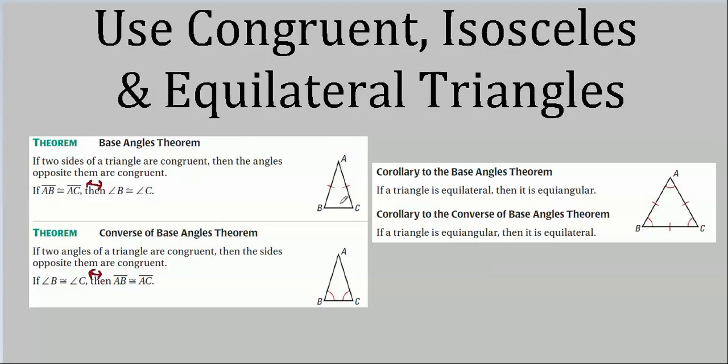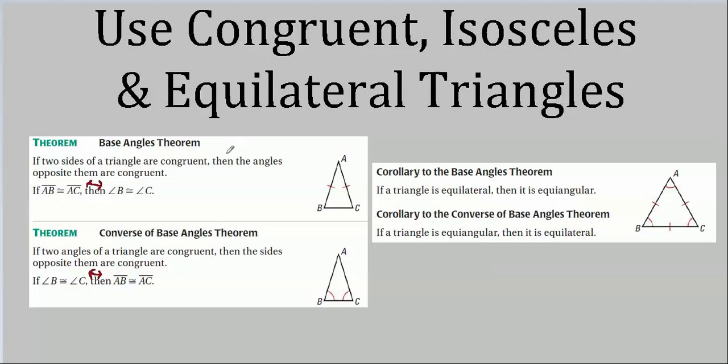Well, in an equilateral triangle, we have at least two congruent sides. Maybe I should have said this does not say if we have an isosceles and only if we have an isosceles triangle.